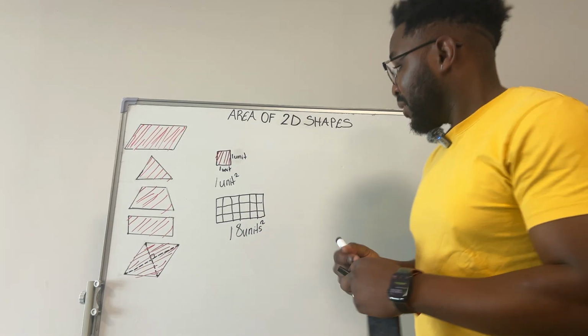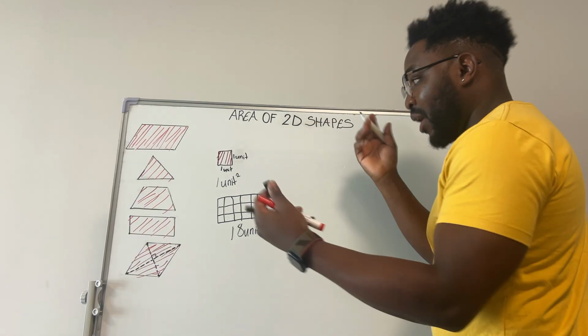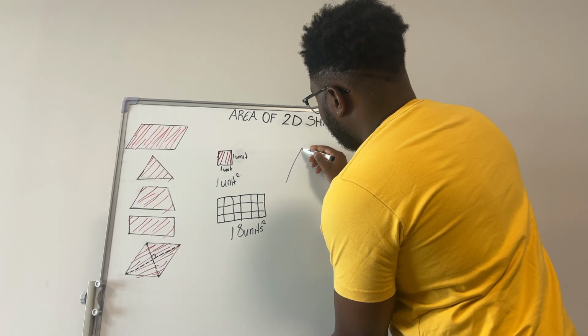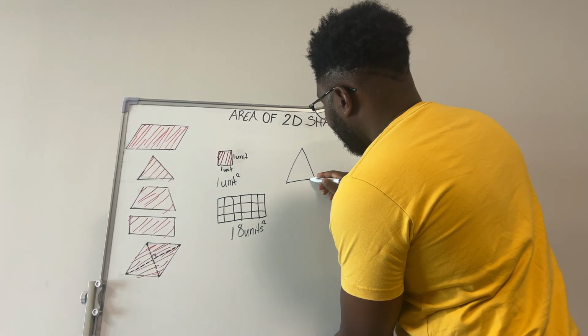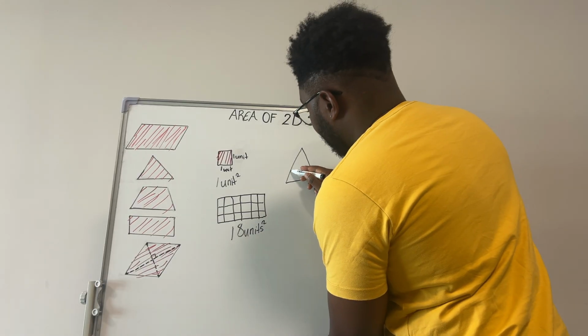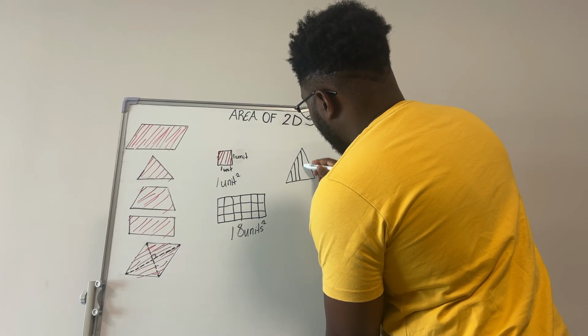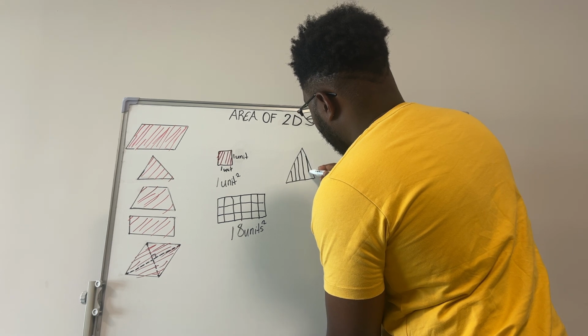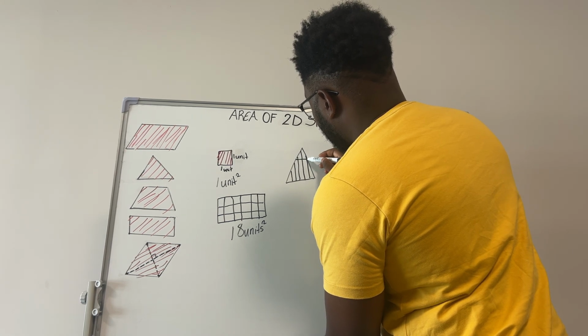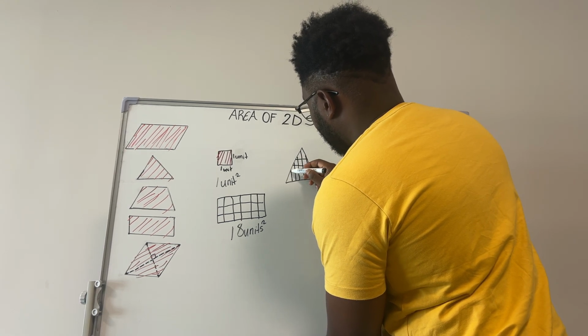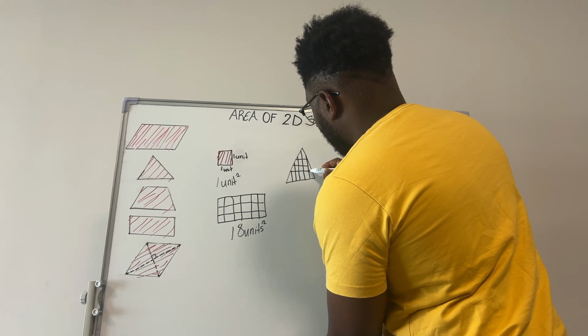Well, let's see. Let's take, for example, a triangle, and let's fit in our square units. Okay, these are our squares.